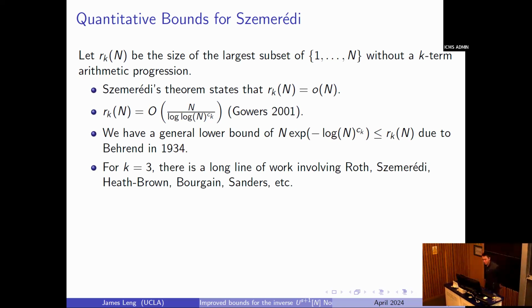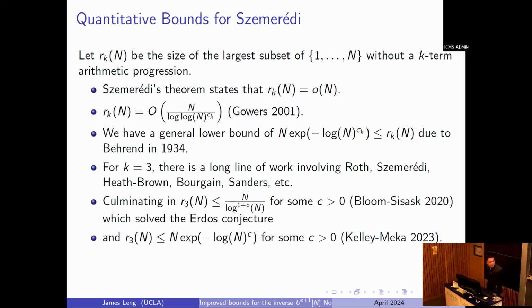For k equals 3, there's kind of a long line of work, and it's culminated in the Bloom-Sisask result and the Kelly-Meka results. Basically, eventually establishing the quasi-polynomial upper bound, so that the quasi-polynomial lower bound and upper bound match.